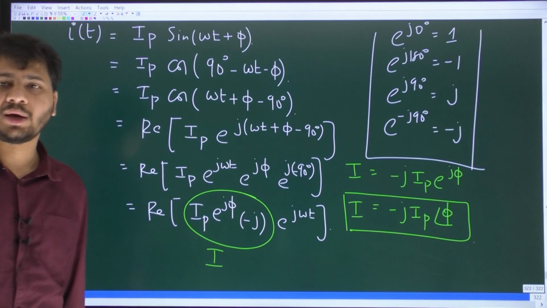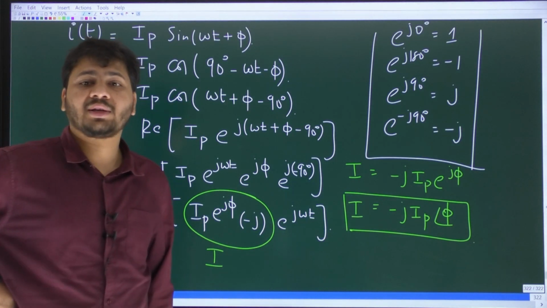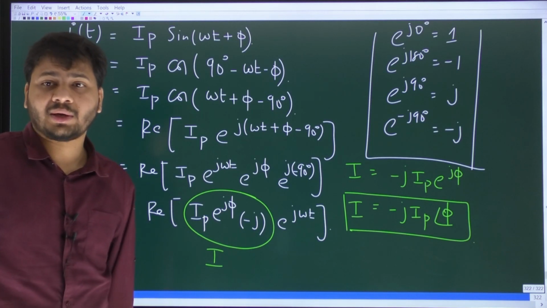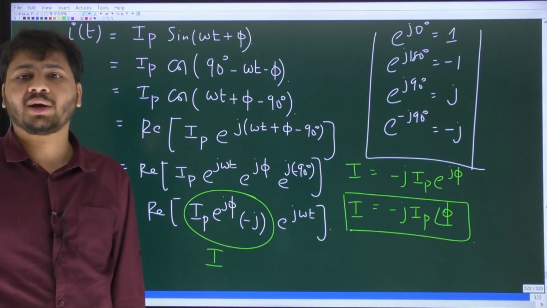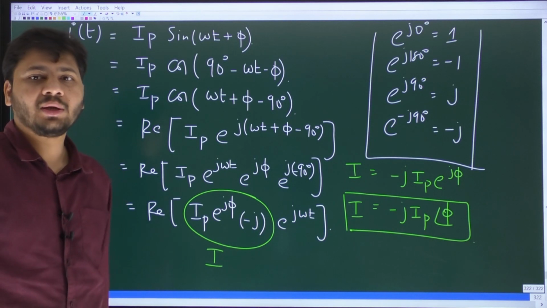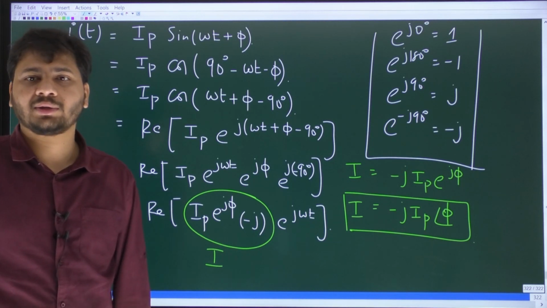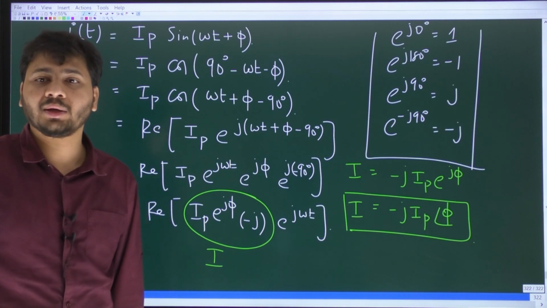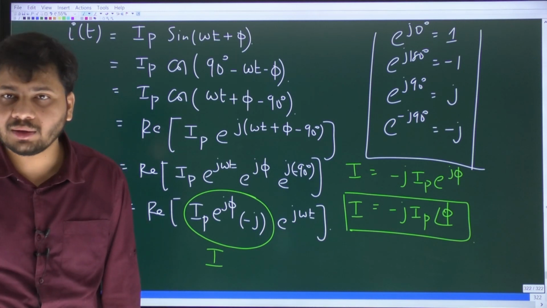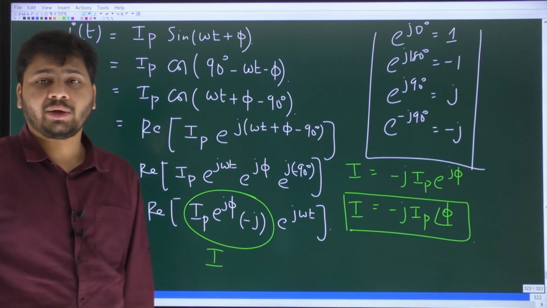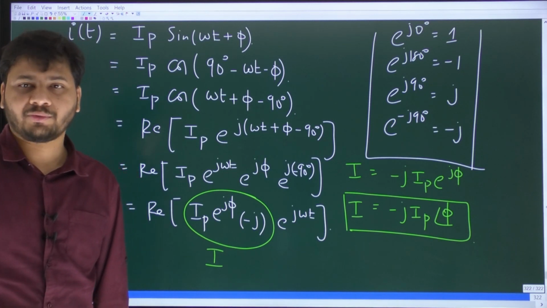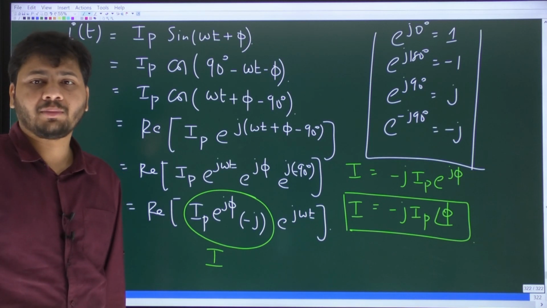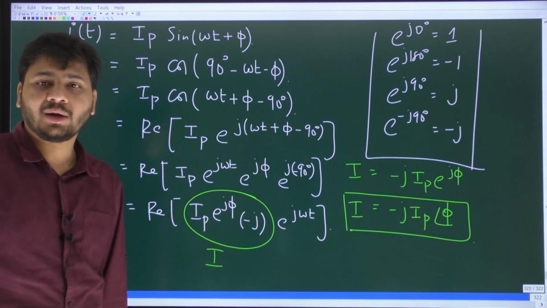So the sinusoidal current is represented as a sine function. Earlier, the sinusoidal voltage was expressed as a cosine function, Vp cos omega t plus theta, and the corresponding phasor voltage was Vp angle theta. This time the sinusoidal current is expressed as a sine function, Ip sin omega t plus phi, and the same current in phasor form happens to be minus j Ip angle phi.